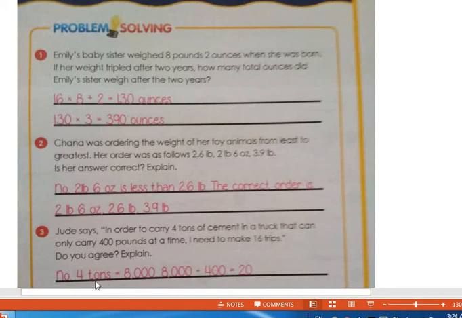I multiply by 2000. 4 times 2000 will give me 8,000. Then 8,000 pounds divided by 400 pounds. I want to know how many trips. It will give me 20. So is that true? He says here 16. So I don't agree with him. It would be 20 trips. Thank you, my dear.